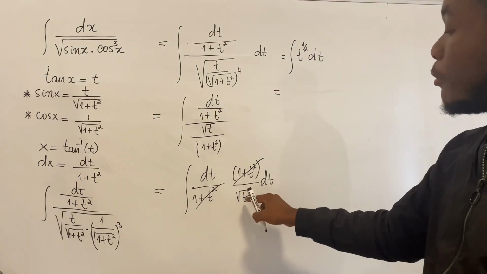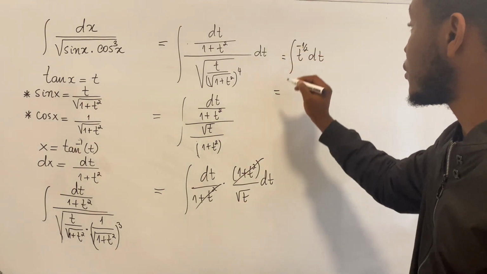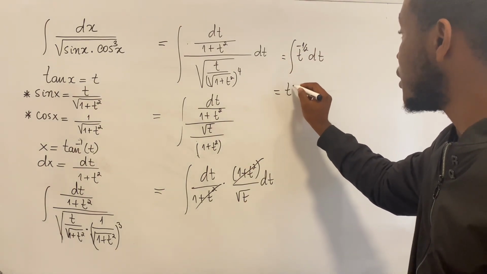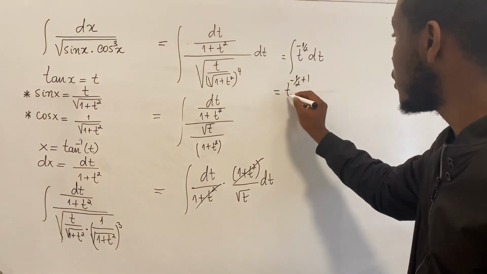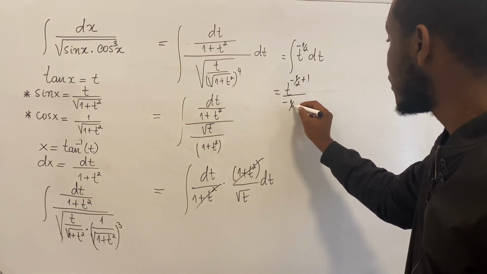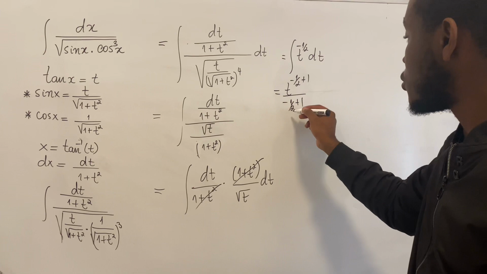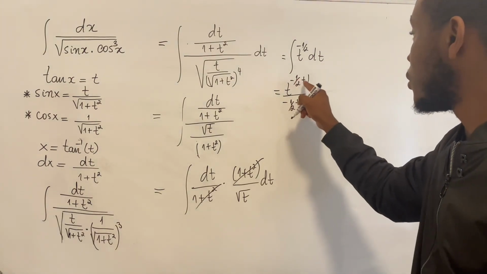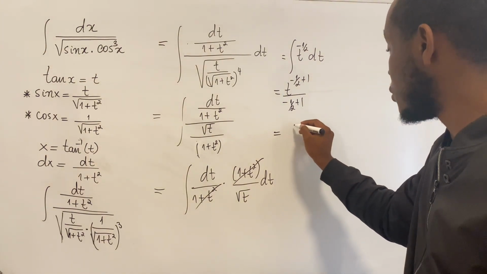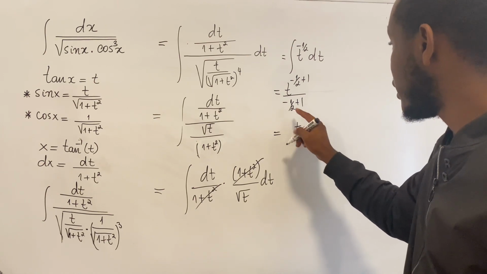Since it came from the denominator, it will be negative. Now we can add 1, so it's going to be t to the minus 1 over 2 plus 1, over minus 1 over 2 plus 1.